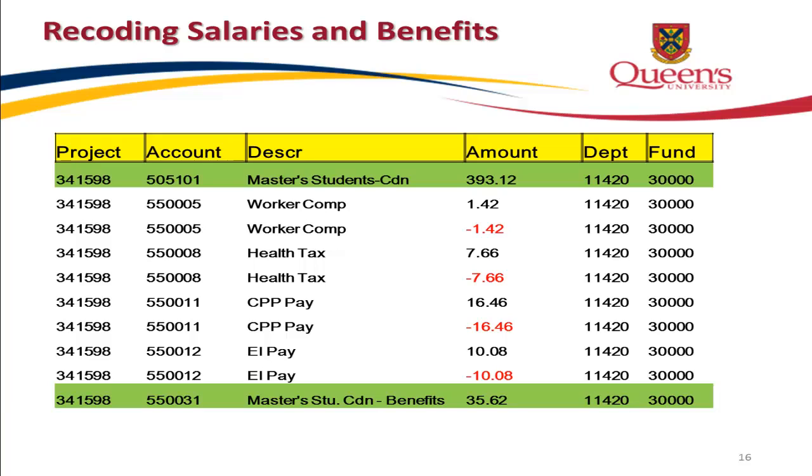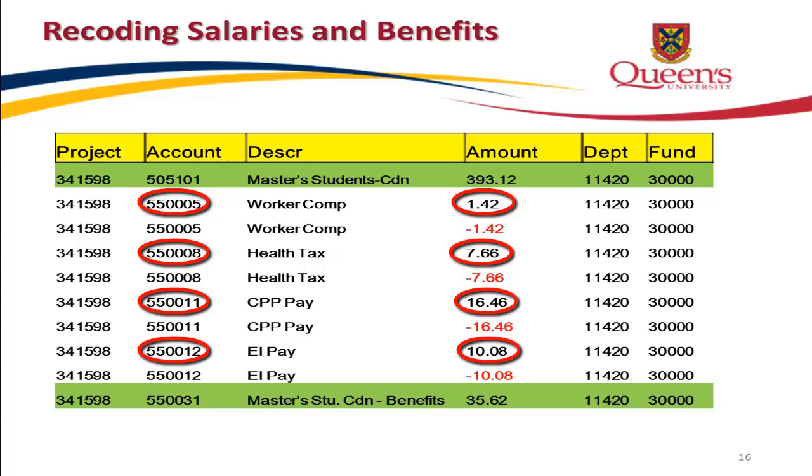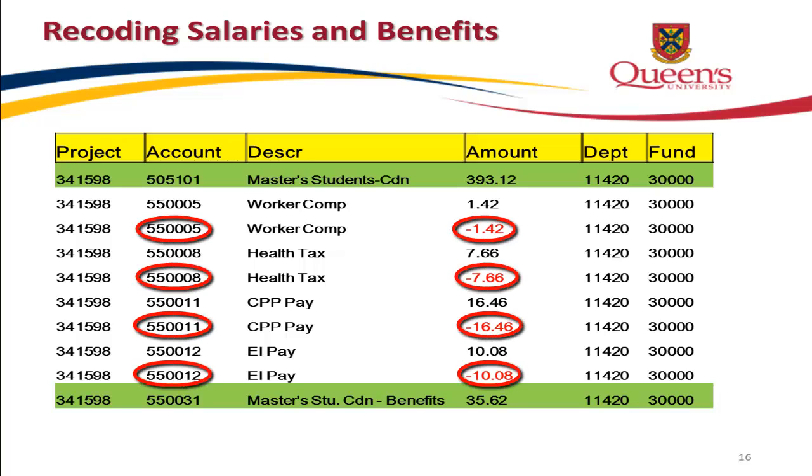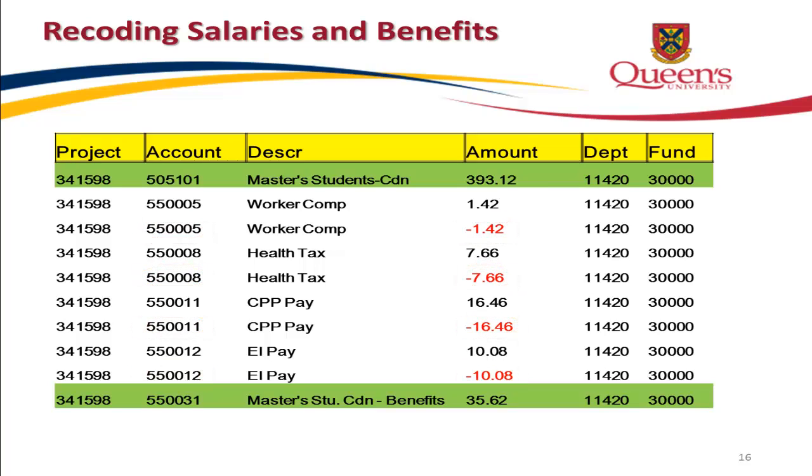In this example, salary expenses totaling $393.12 have been charged to Project 341598 for a Canadian Master's student. Along with this salary, the related fringe benefits are originally charged to the appropriate individual benefit accounts. Once the benefit allocation process runs, the individual benefit accounts are credited for these amounts so that they net to zero, and the total benefits are reallocated to a benefit account which identifies the related payee.